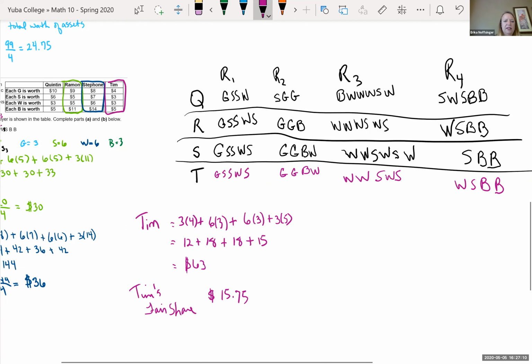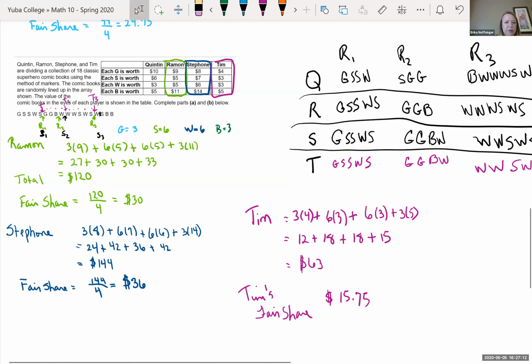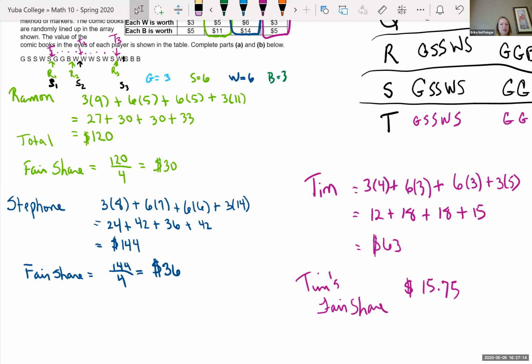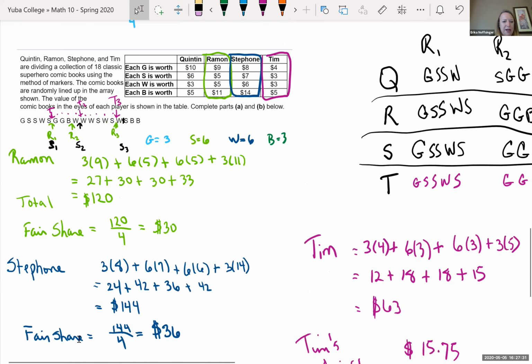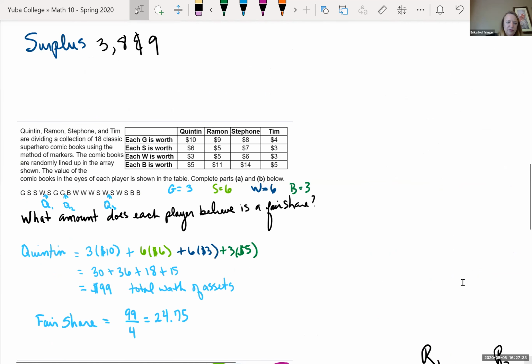Okay, this is where it would be helpful if I could grab and put all the markers together. I don't know if I can do that. I don't think I can. So I think what I'm going to do is just get a clean grab.